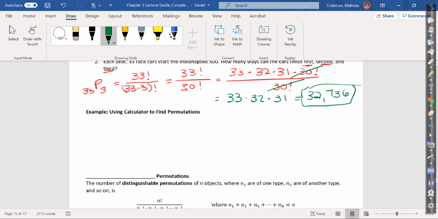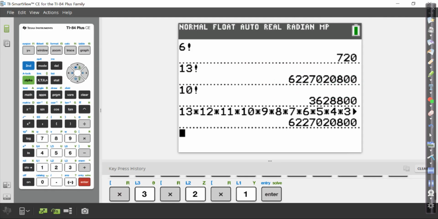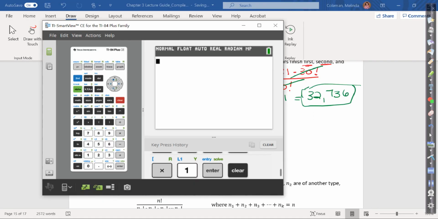Let's do the 33 race cars, taken 3 at a time on the calculator. To do that on your calculator, you do have to enter the 33 first. So you're going to enter 33 first, and then you're going to hit the key buttons. Then again it's still under the math key.